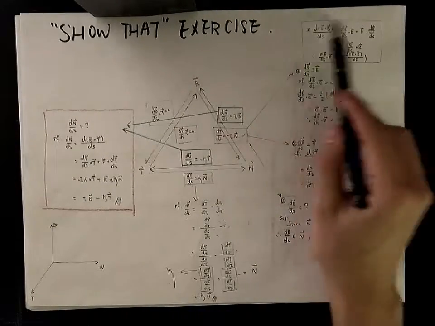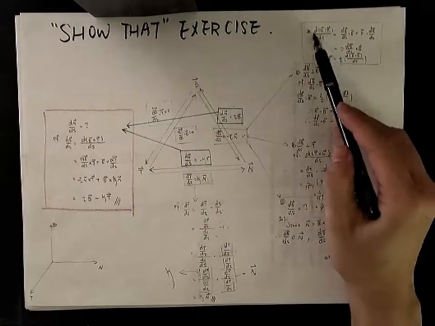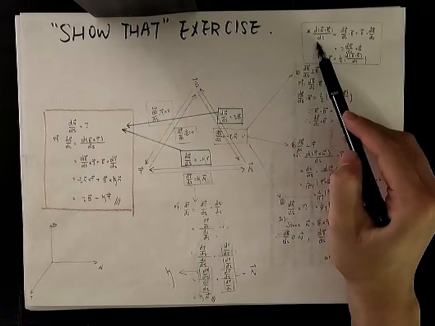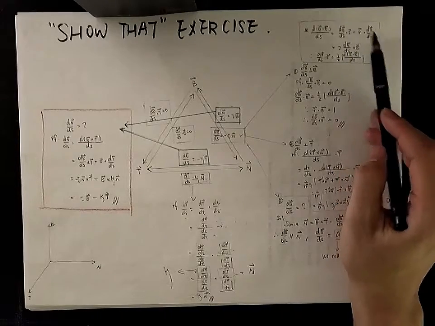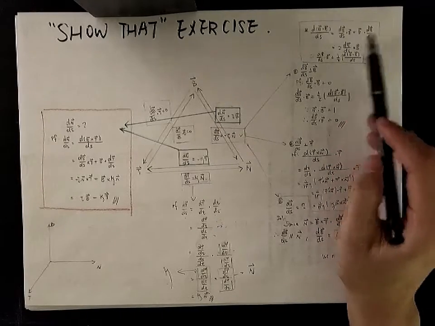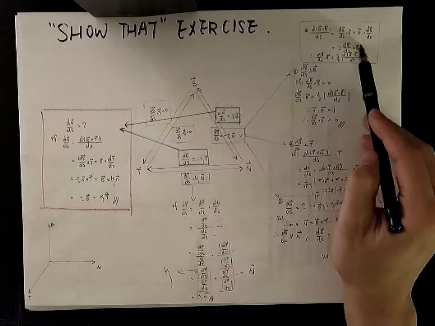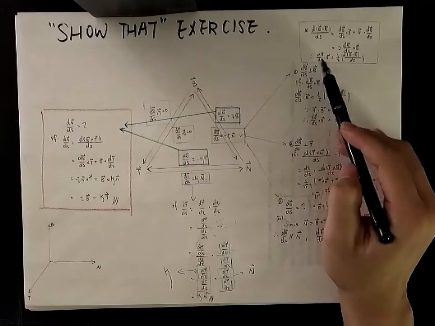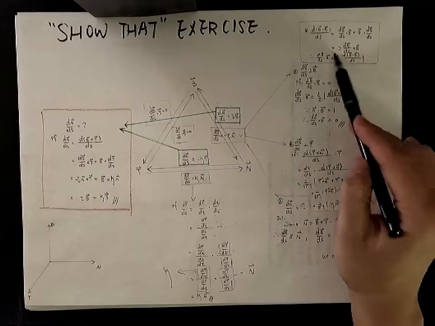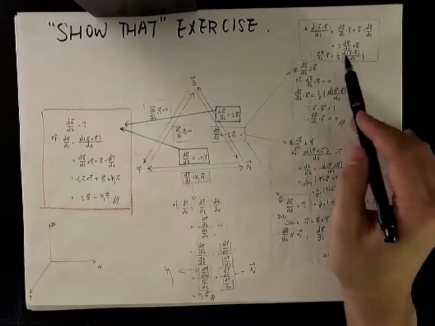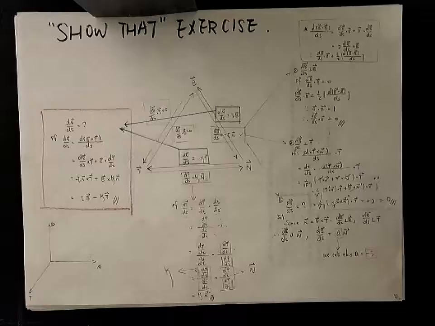So this is a little side note over here. d(B dot B)/ds will become dB/ds dot B plus B dot dB/ds. And these two things are actually the same. So we make it into 2 dB/ds dot B. And so we know dB/ds dot B equals 1/2 of d(B dot B)/ds, like this. Okay, so this is super useful to prove this thing.